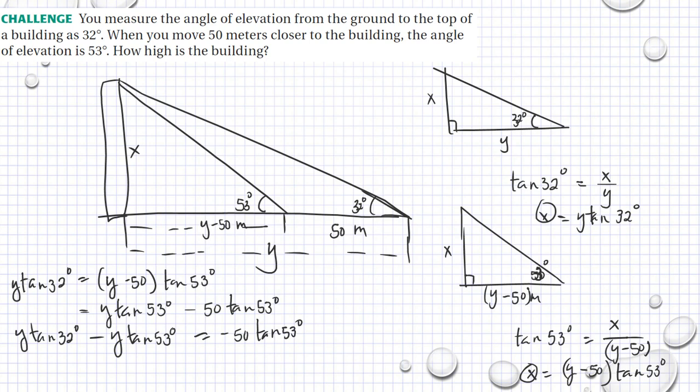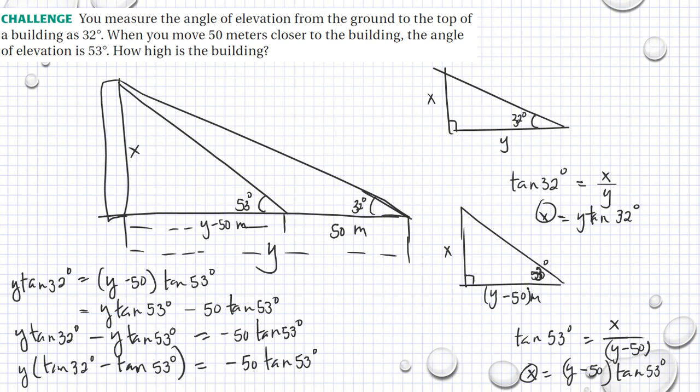And then taking y as a common factor, we have y times tangent 32 degrees minus tangent 53 degrees is equal to negative 50 tangent 53 degrees.